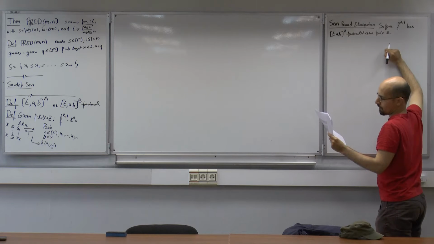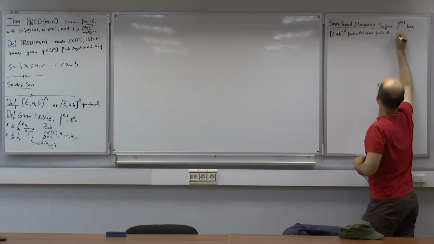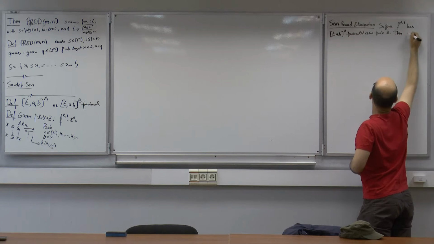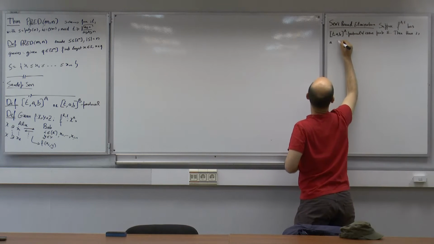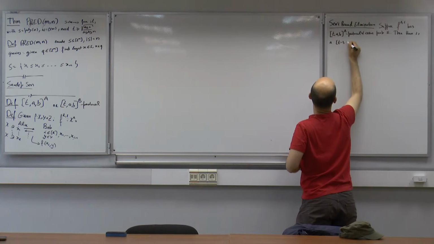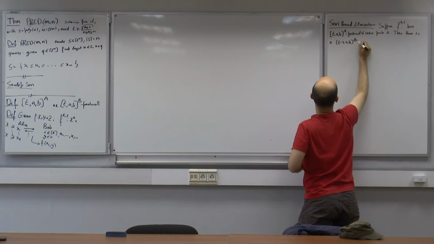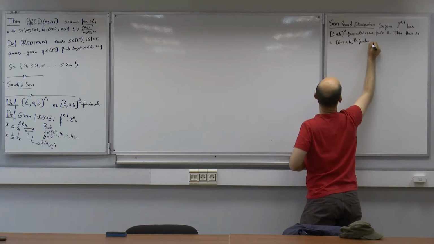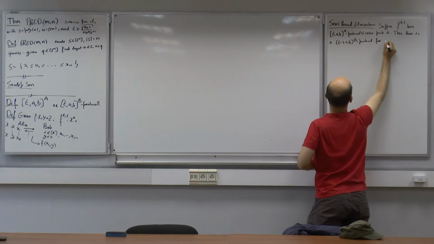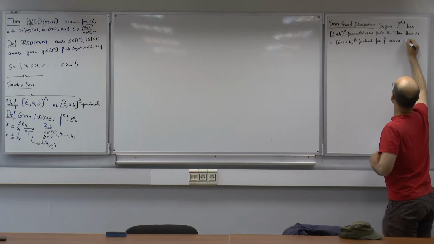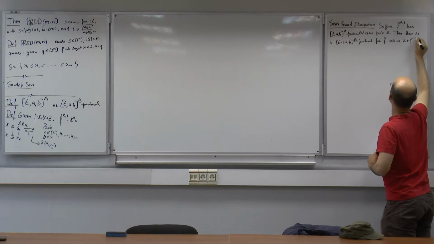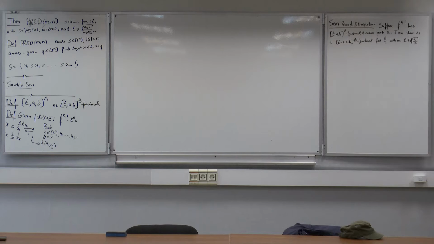Okay. Then there is again a probabilistic T-1 round ABA protocol for F with error epsilon plus 2 times square root of A by R. A by what?